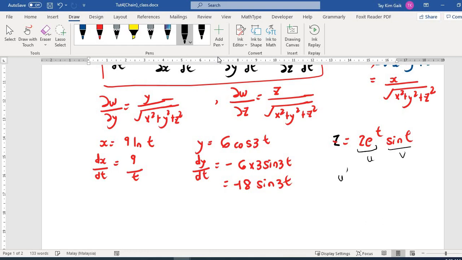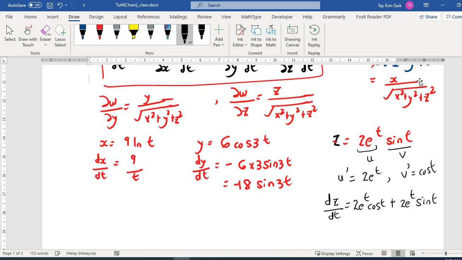So your u prime will be 2 exponent t, v prime is cos t. That's why your dz dt, you have u v prime, so it's 2 exponent t cos t, plus v u prime, so plus 2 exponent t sin t.